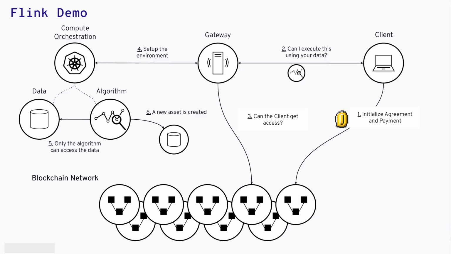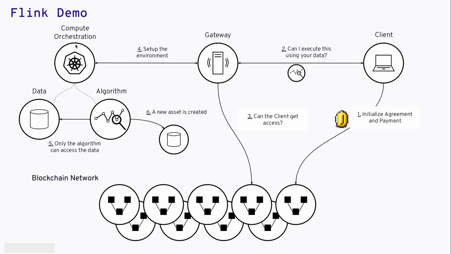So the setup that we're going to be using is the full Nevermind stack. We will have blockchain running, and the blockchain will take care of settling all the payments and also allow us to verify access control to the data.